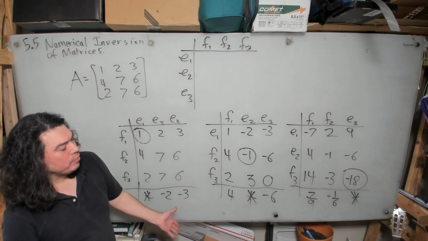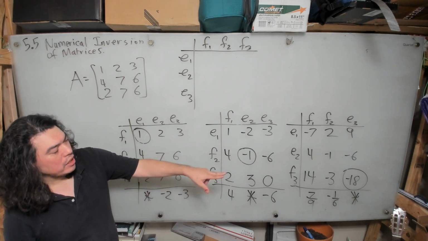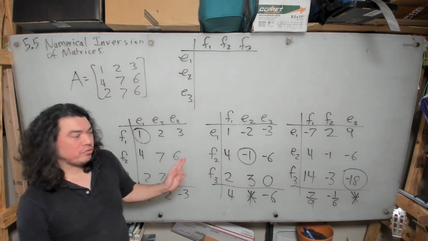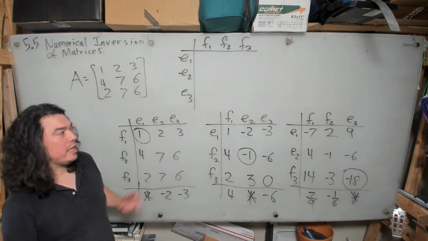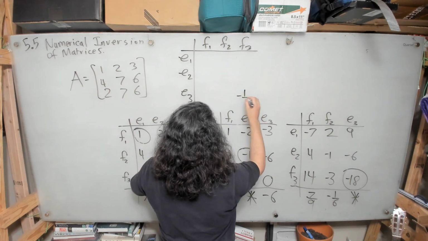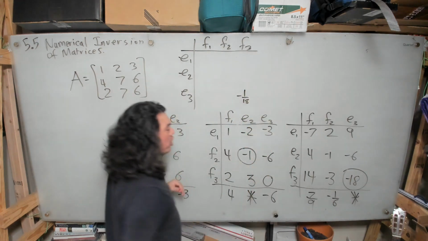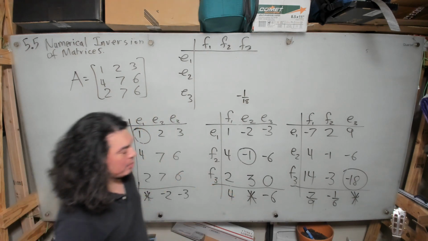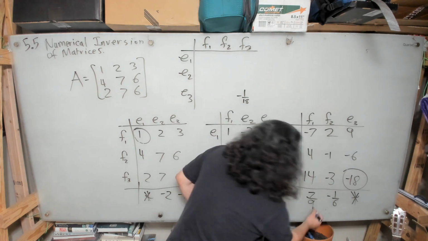So first of all, we're going to replace the pivot in the prior tableau with its reciprocal. In this case, it'll be -1/18. We're going to replace the rest of the cellar row by the members of the rest of the pivotal row divided by the cellar row.